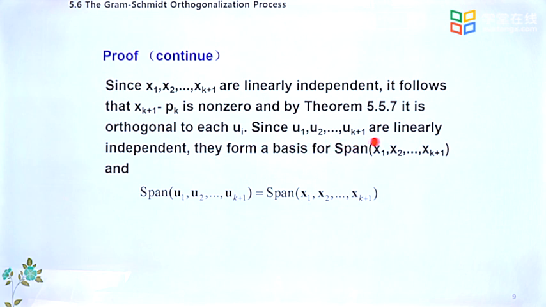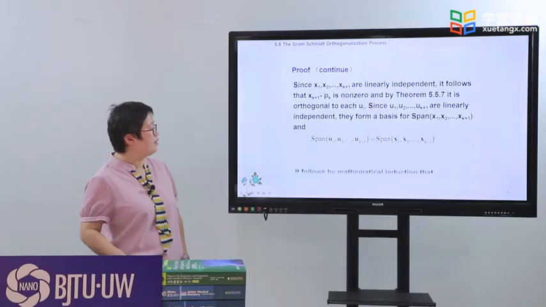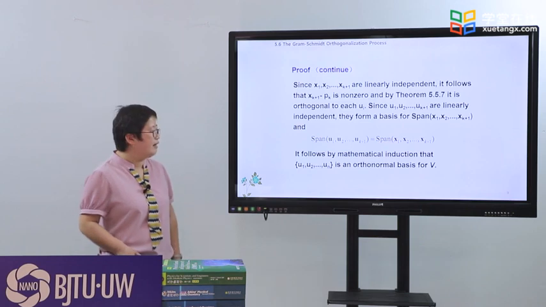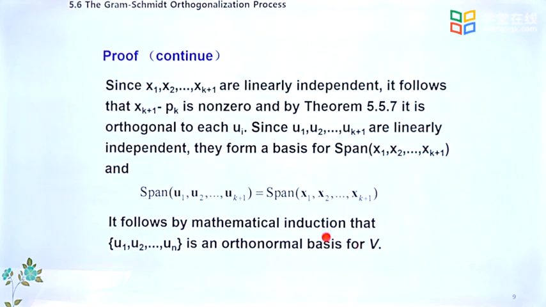Since u1, u2 till u(k+1) are linearly independent, they form a basis for span of x1, x2 till x(k+1), and span of u1 till u(k+1) equals span of x1 till x(k+1). It follows by mathematical induction that u1, u2 till un is an orthonormal basis for this vector space V. So the span is contained in this set, and it forms a basis for the span of x1, x2 till x(k+1).